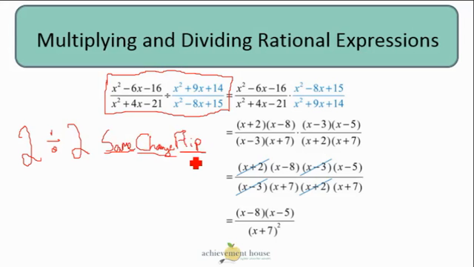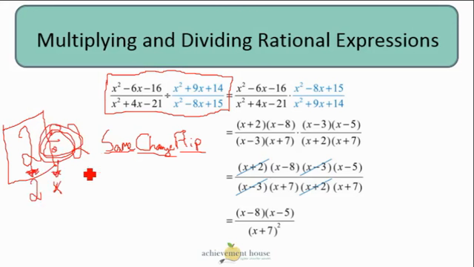Reading from left to right, the first thing, that 2, we're going to keep the same. The middle part, which is the division sign, we're going to change to multiplication. And the 2, we're going to flip. Really, 2 is 2 over 1, that's the fractional form for the number 2. We're going to change that to 1 over 2.